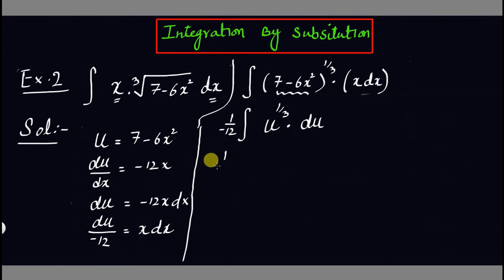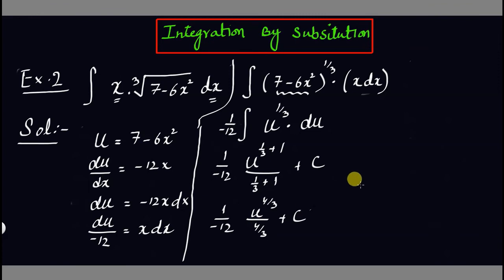Now just integrating this factor, this is just the power rule, 1 by 3 plus 1, and the same factor will be repeated under the denominator, and after some simple calculation you will get u raised to power 4 by 3 over 4 by 3 plus c.